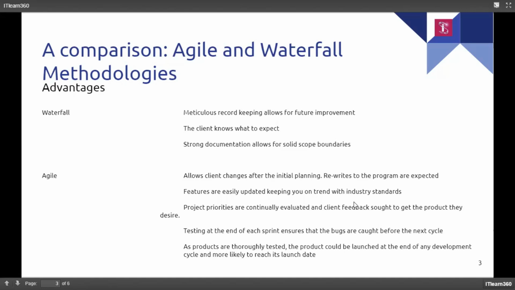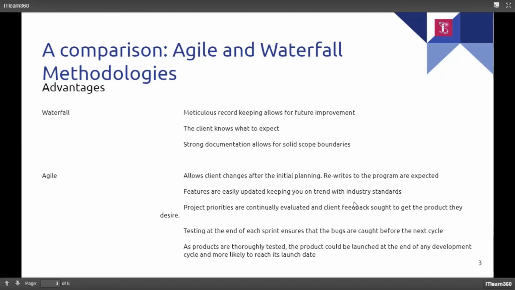Agile is what you pick when the client is looking forward to a project where requirements are going to change, and maybe you are not very sure about the requirements.